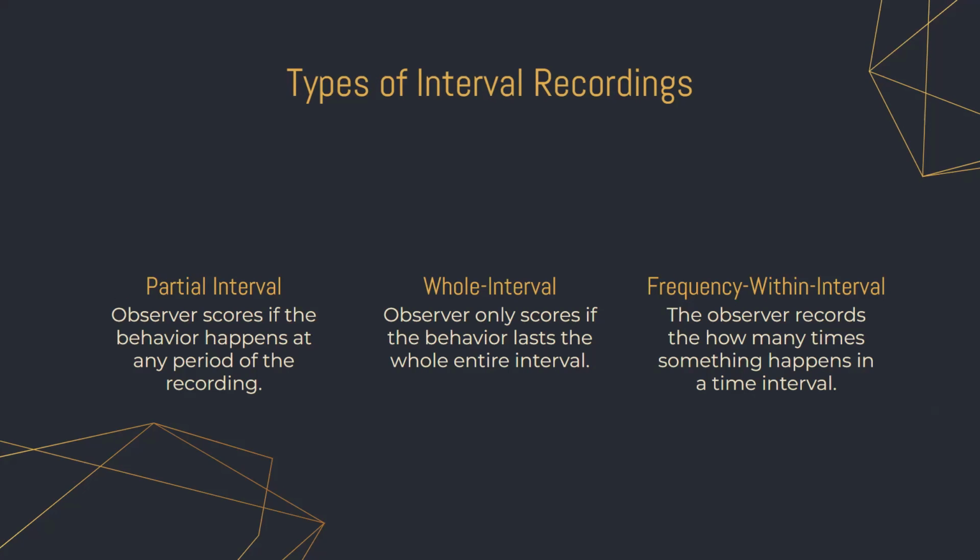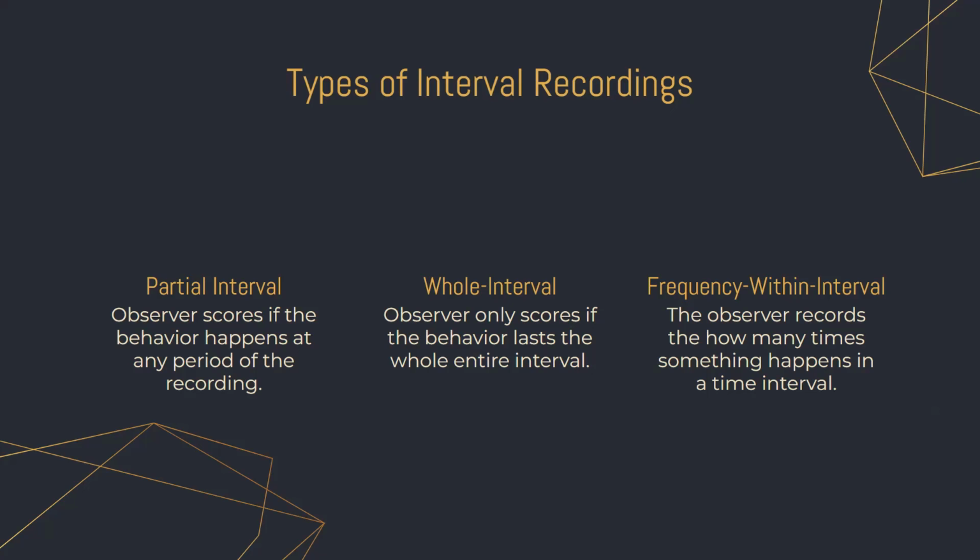So in a partial interval recording, say we're observing someone drinking, right? Say that we are dividing the intervals into sections of 10 seconds. In a partial interval, if the person is sipping the cup at 1 second during that 10 seconds, we will count it.